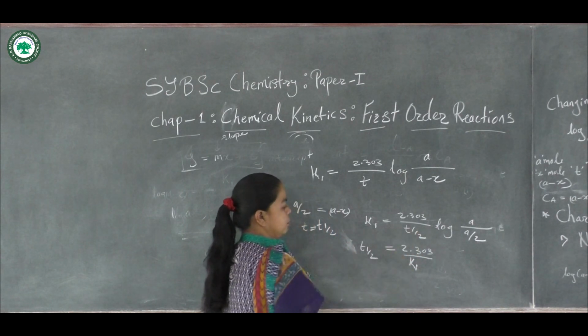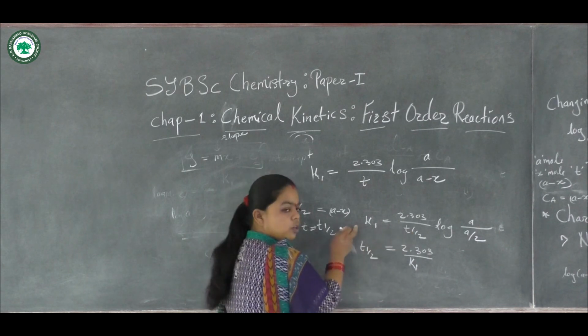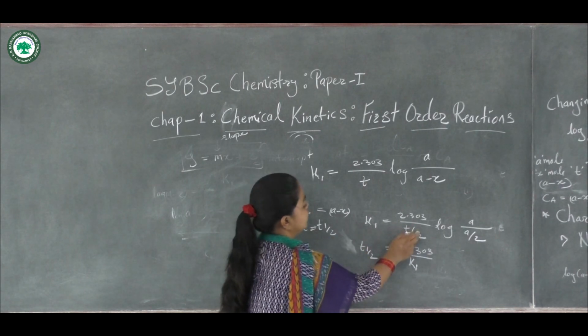So we can calculate t half, it comes on the left side and K1 comes on the right side.